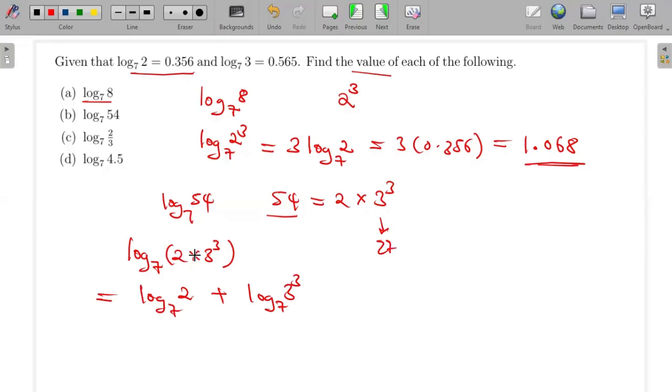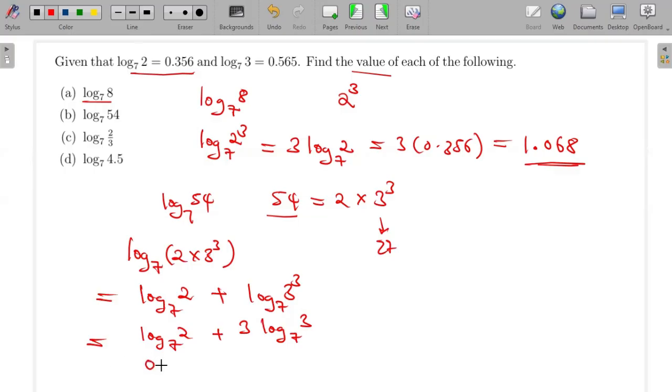So I can separate that since it's multiplication. And then this is going to be log base 7 of 2 plus, then I can drop that 3 there, so I'm going to have 3 log base 7 of 3.